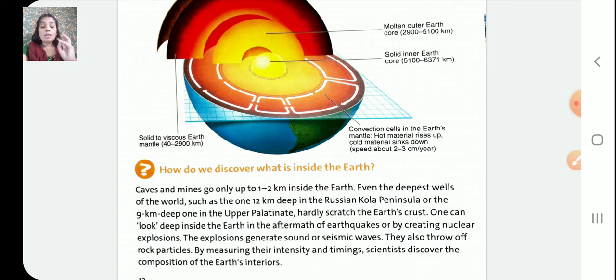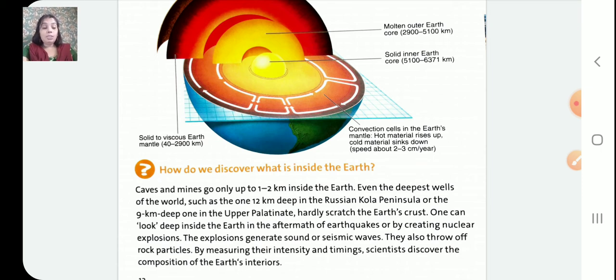Quarrying, digging, mining, drilling have all taught us a lot about what lies below the surface of the earth. But with these methods of exploration, very rarely do they go deeper.